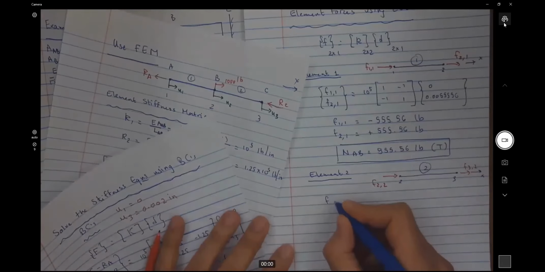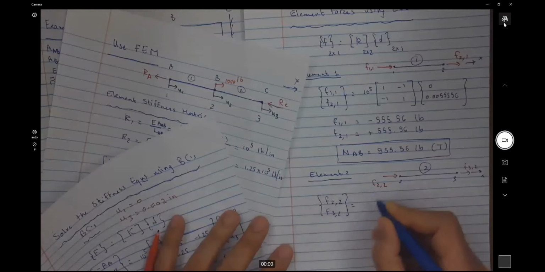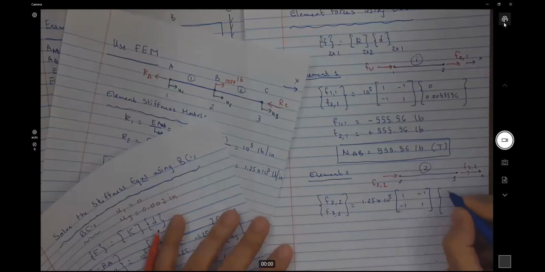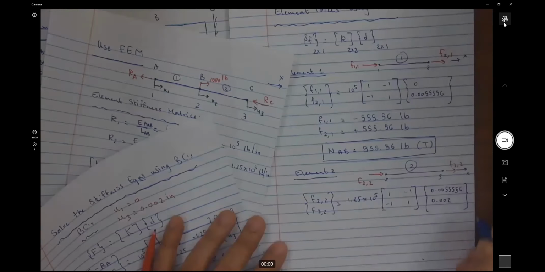So we can write here F22 and F32. These are equal to 1.25 times 10 to the power 5 times 1 minus 1 minus 1, 1, multiplied by U2, which is 0.0055556, and a U3 of 0.002.